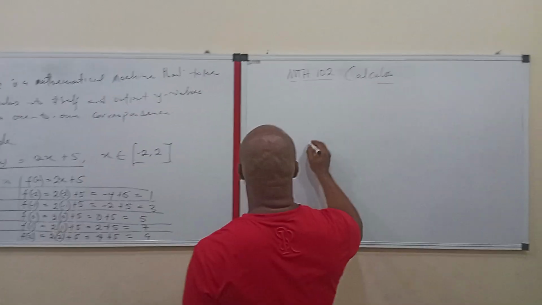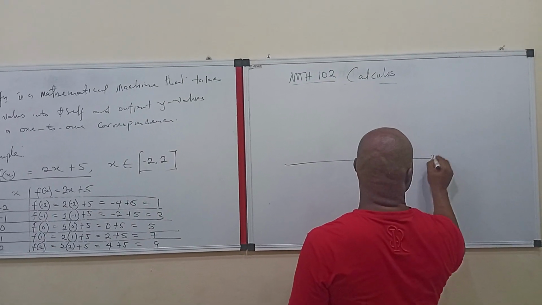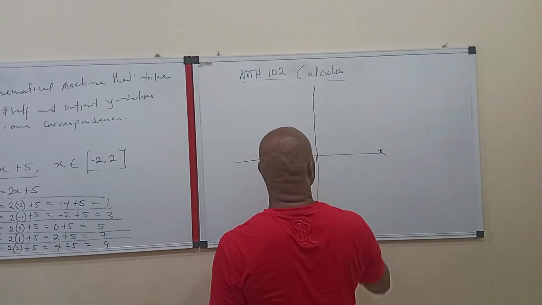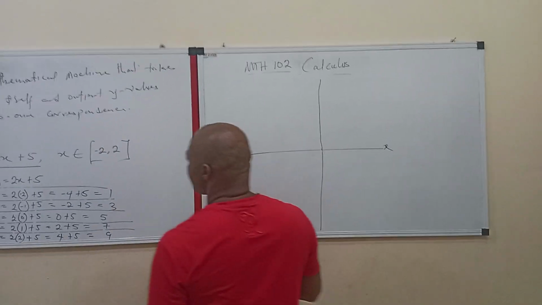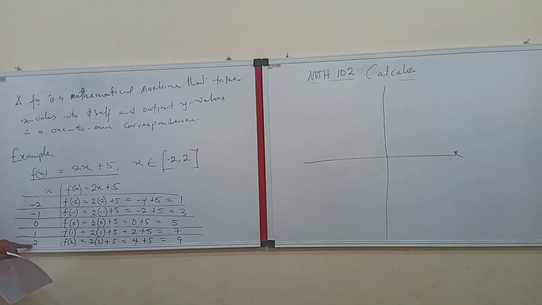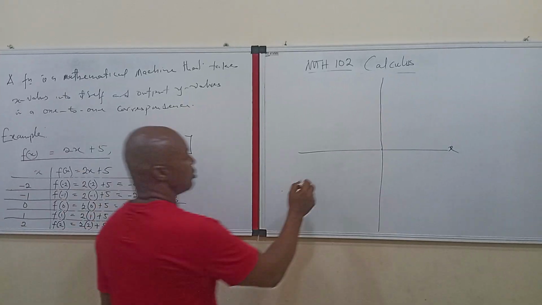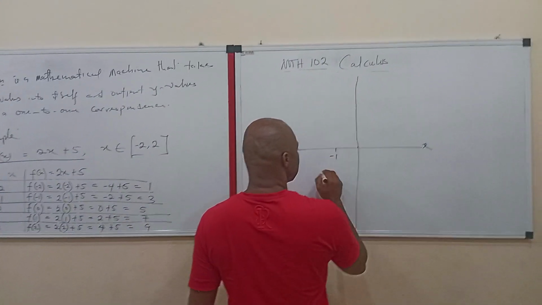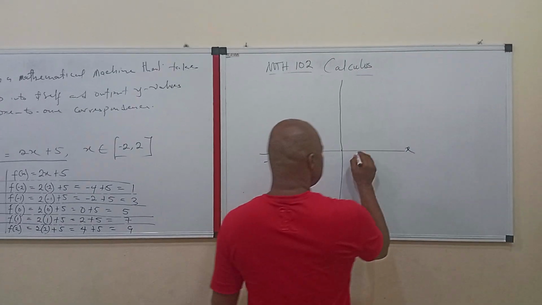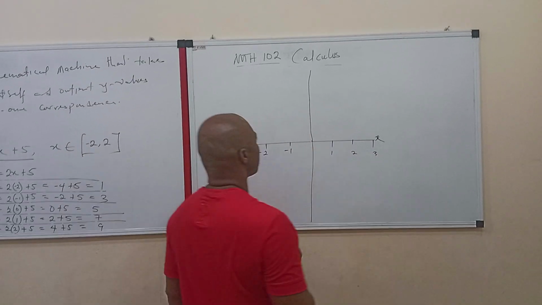The x values will be on the x-axis. The maximum number is plus 2 and the least is negative 2. Meaning we have negative 1, negative 2 here, then 1, 2, and 3 on the x-axis.